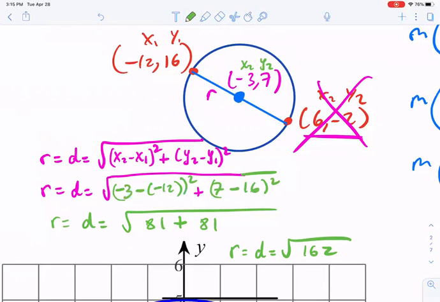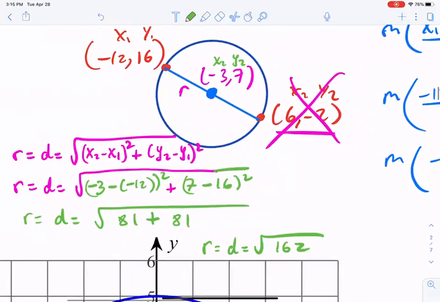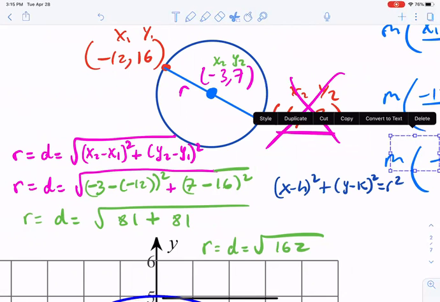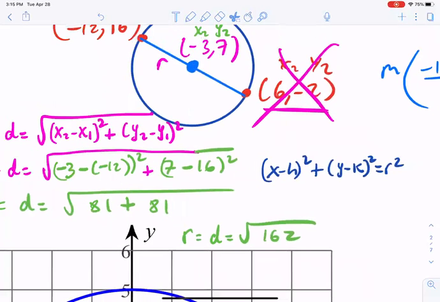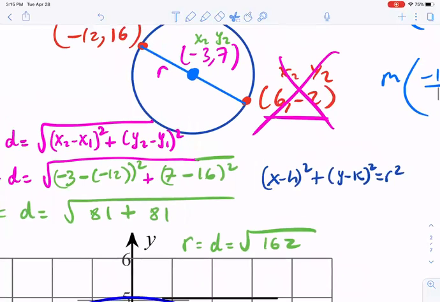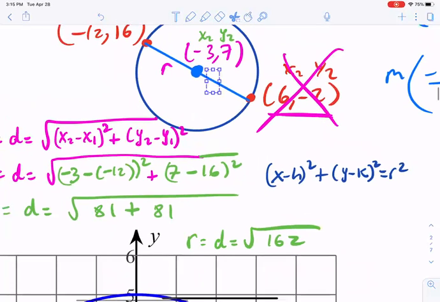So you have the radius, but remember that you need the radius squared. We need to write this equation now. The equation of the circle is (x minus h) squared plus (y minus k) squared is r squared. What I need to do is just plug in whatever I have. My center was this guy here.